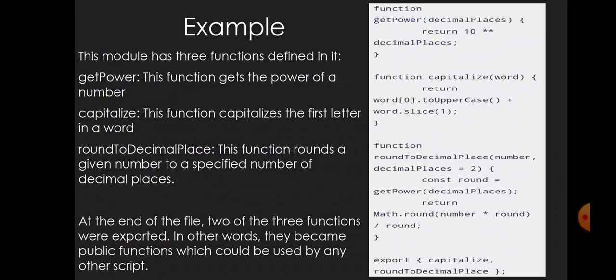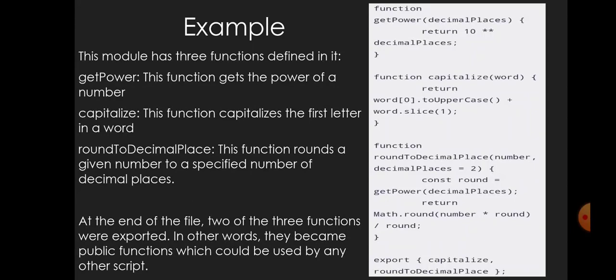Now let's look into a small example. In this program we've got three functions: getPower, capitalize, and roundToDecimalPlace. We have defined what these functions are, and finally at the end of the file we can see there are two lines of code.